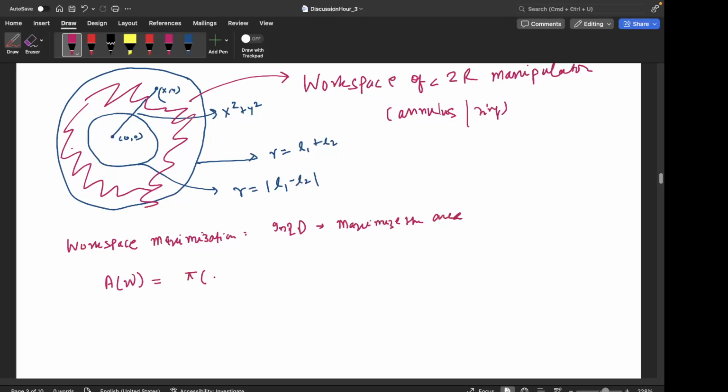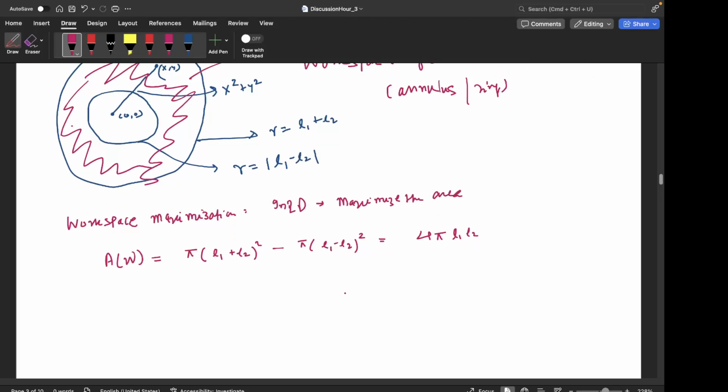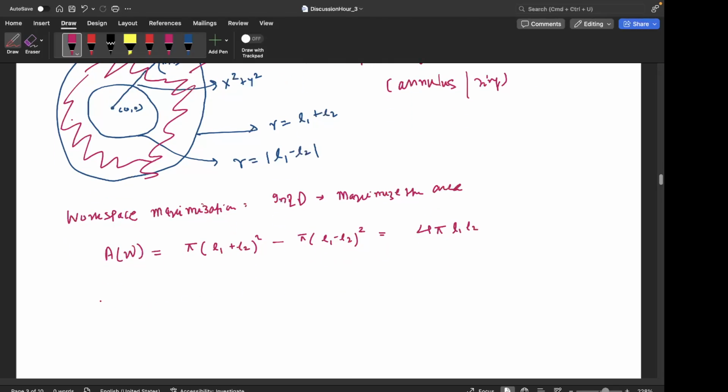pi r square. R is L1 plus L2, right, minus the area of the smaller circle, that is L1 minus L2, right? And when we simplify this it comes out to be 4 pi L1 L2, right? Now the constraint that we have is that L1 plus L2 is a constant, let's say C, right?